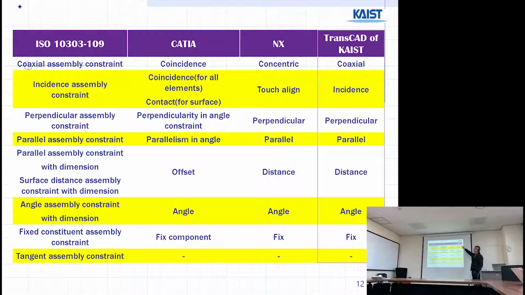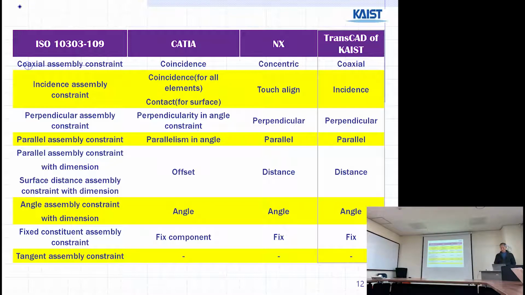Younggi surveyed and summarized these. This one comes from ISO standard terminology, this is from CATIA, this is from Siemens NX, and this is from Open Cascade. So he is trying to standardize the terminology, a standard set of constraints coming from ISO.